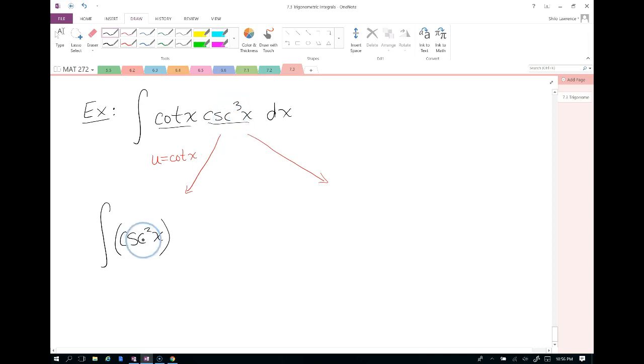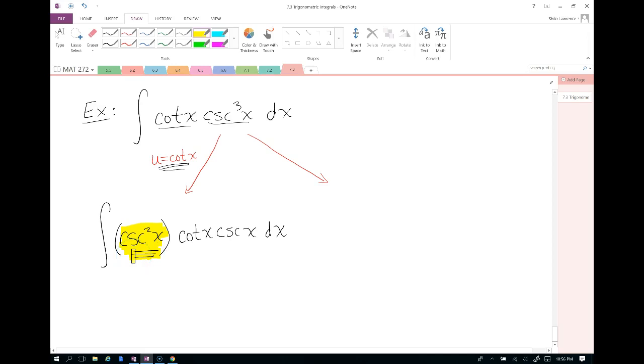I'm going to pull off a cosecant squared and write what I have left over. Now, if I'm holding on to a cosecant squared and I'm doing a u substitution for cotangent, that means I want everything in this problem to be written in terms of cotangent except for the piece that I've already designated I'm going to hold on to.